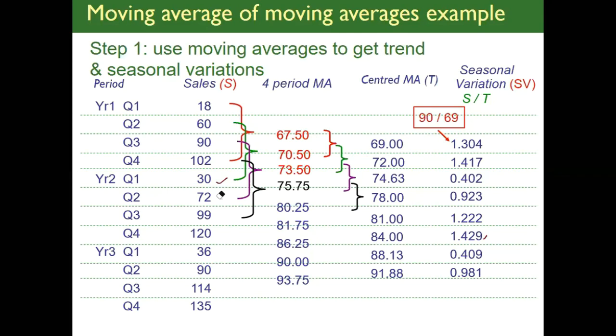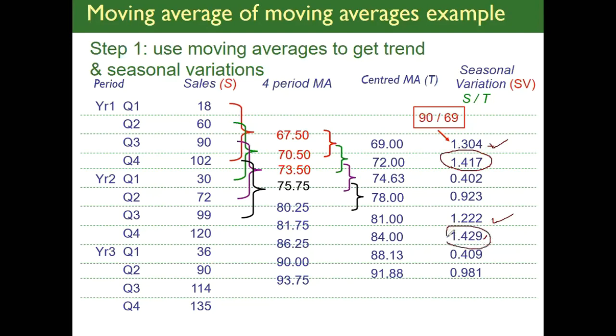One more thing which you should pay attention to: 1.30, this is quarter 3 relationship. And then 1.22, this is also quarter 3 relationship. So you've got 2 values for quarter 3. Similarly, for quarter 4, this value 1.41 is for quarter 4, and then here you've got 1.42, which is also for quarter 4.